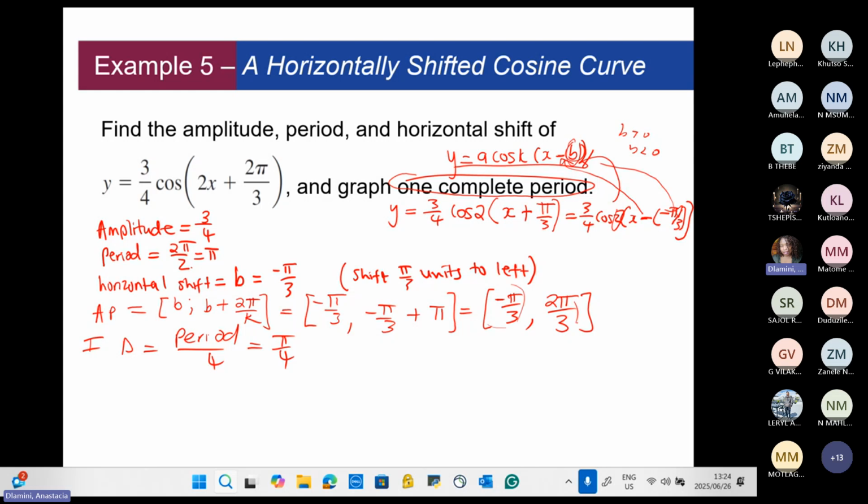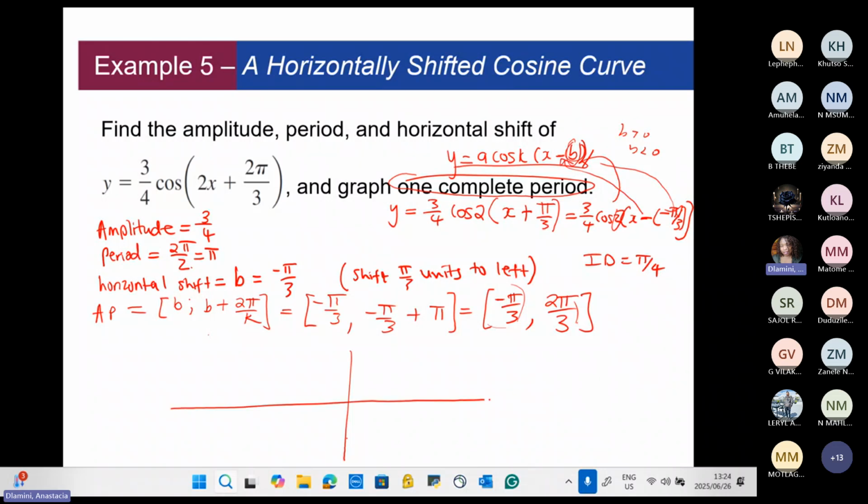So then let's do the graph. I need some space. Our ID is equal to pi over 4. We know our amplitude is 3 over 4, here it will be negative 3 over 4.